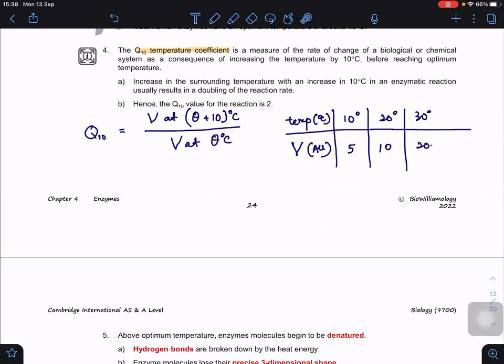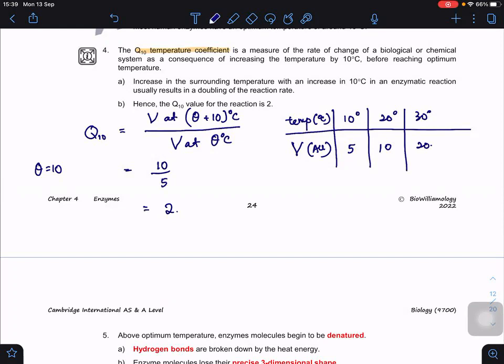So if I take the temperature equal to 10 degrees Celsius, let's say theta equals 10, then theta plus 10 equals 20. So at 20, you see the rate equals 10 units, divided by the rate of reaction at theta equals 10, which is 5.